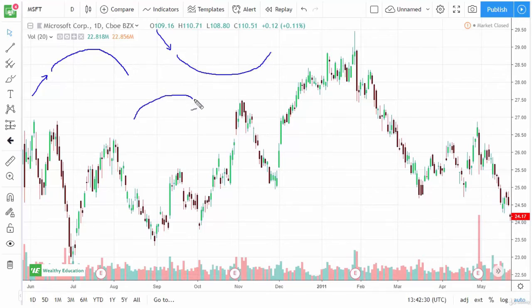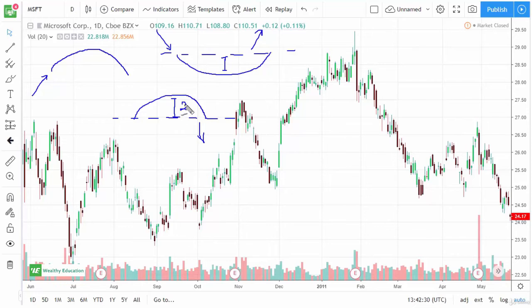So when trading these things, you take the height of the pattern, you draw an imaginary line down here, and then on a break of what would be the neckline, for lack of a better term, or the bottom of the pattern, or top of the pattern if it's a rounding bottom, you take the measurement of the height of the actual pattern itself and extrapolate the breakout.